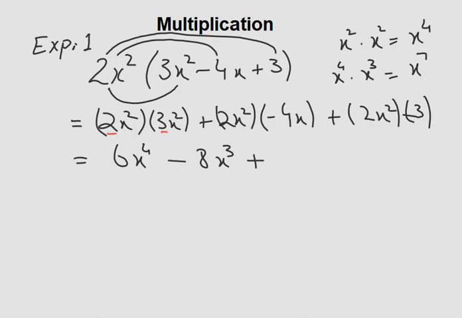Now 2 multiplied by 3, but here 3 is only a constant. There is no variable, so we will get the same variable here. So 2 3s are 6 and x square. So this is the answer, how to multiply two polynomials.